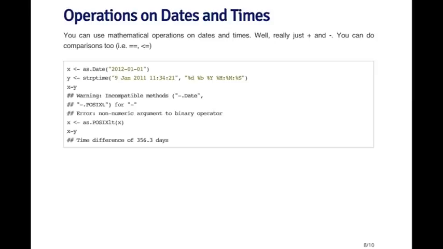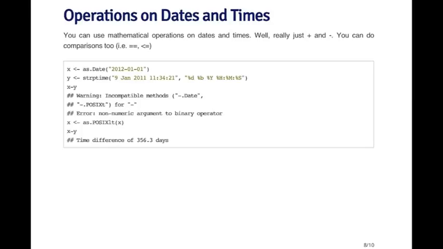Now, once you've got data in the date or time format, you can do operations on them, which can be very handy. For example, you can add and subtract dates. You can compare dates. You can see is one date less than another date, or are these two dates equal to each other? One thing that you need to be careful about is that you can't always mix different classes.